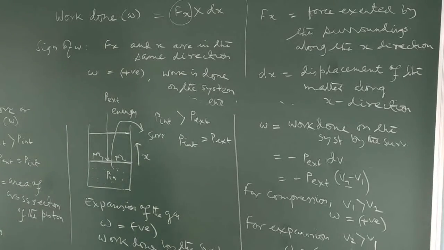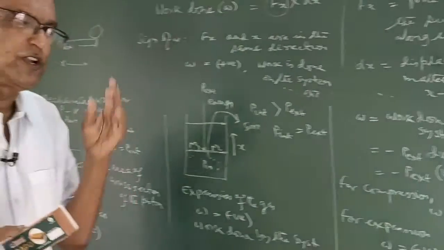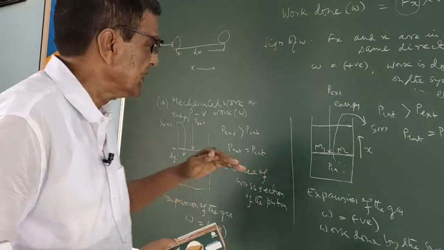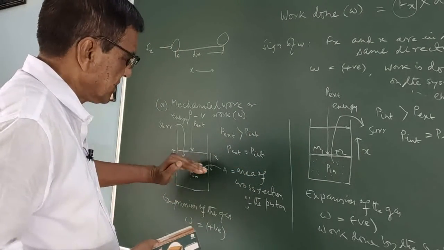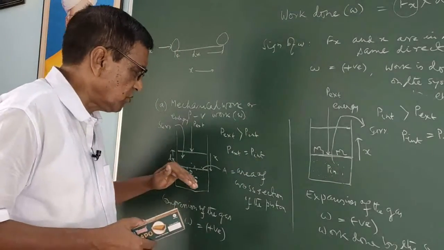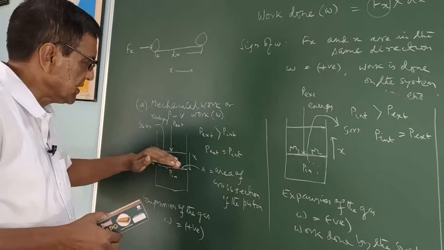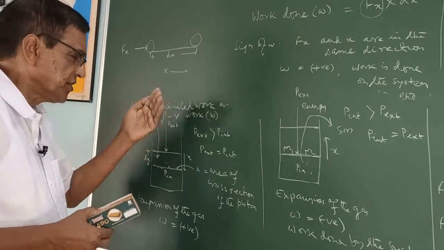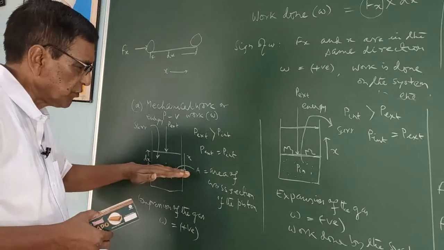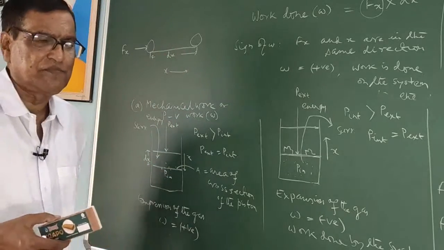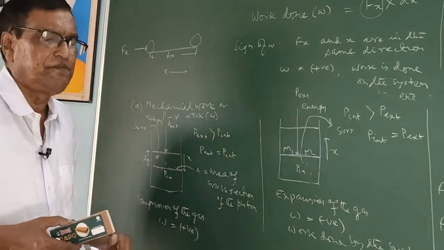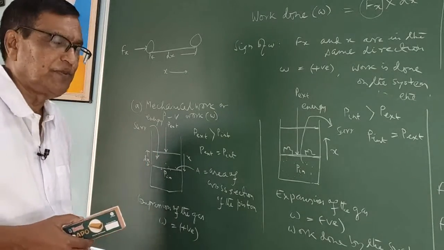Whenever the process is reversible, meaning infinitesimal change, the external pressure is increased or decreased in an infinitely small way. In this case, it proceeds as a multi-step process, and at every step the system attains equilibrium.